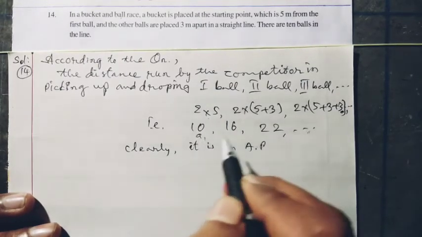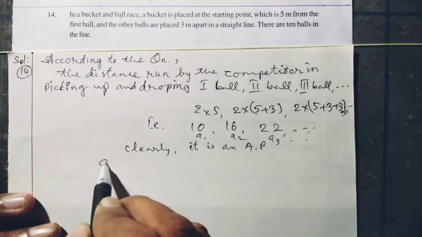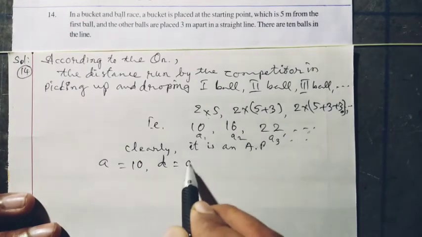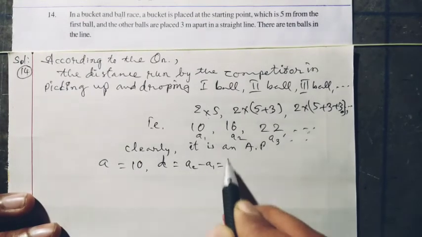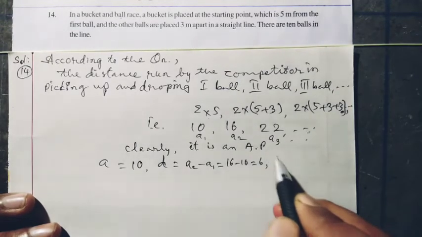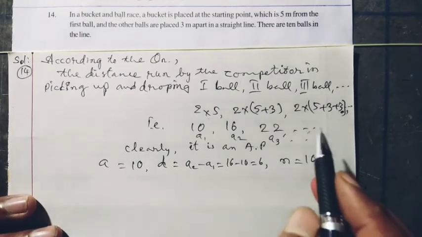So here a is a1, a2, a3 and so on. a is equal to 10, d is equal to a2 minus a1 is equal to 16 minus 10 is equal to 6. And also there are 10 balls, that's why n is equal to 10.